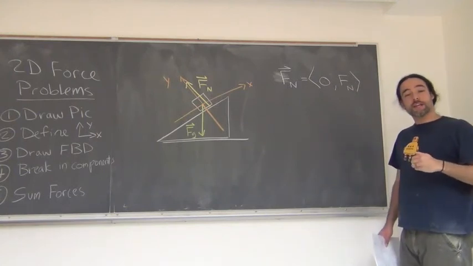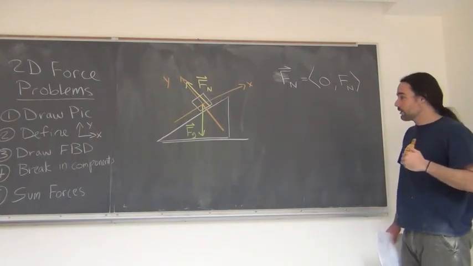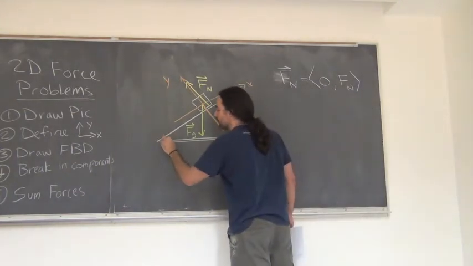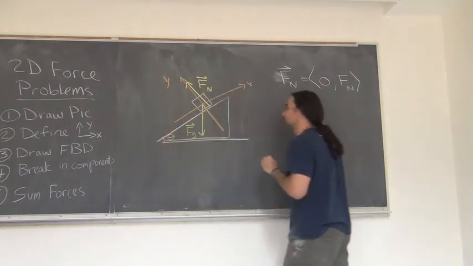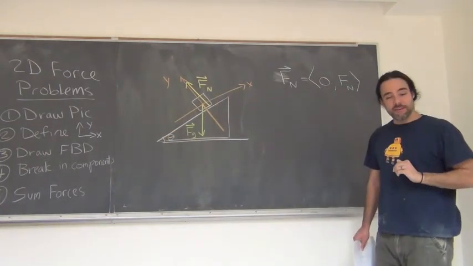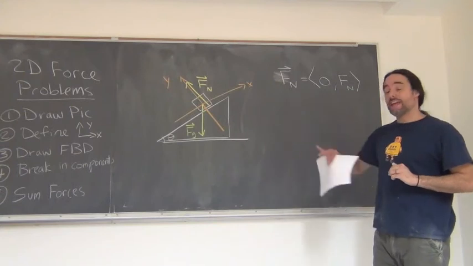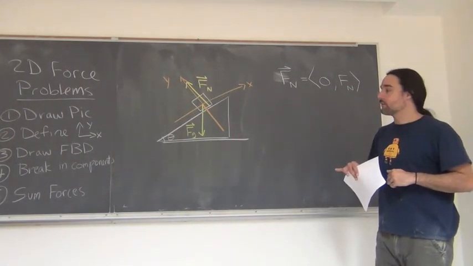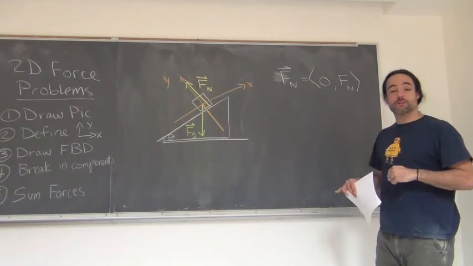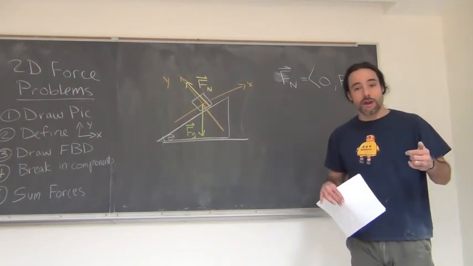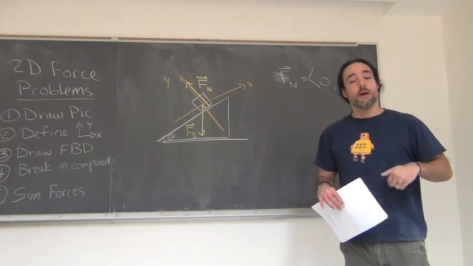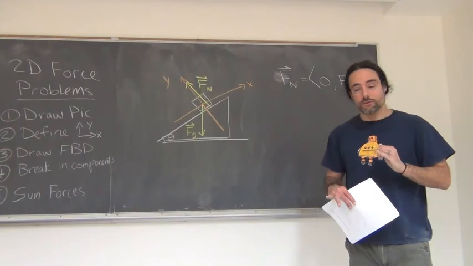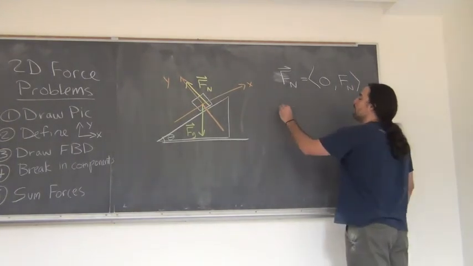The force of gravity is going to be trickier. To do that, I have to know what the angle of the ramp is. And we've seen a problem like this before, where we had that angle of the ramp, and we actually looked at the acceleration of gravity rather than the force of gravity. But since they both point in the same direction, the math is going to be almost exactly identical.